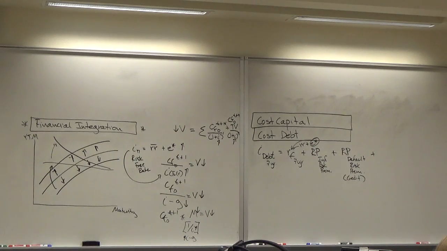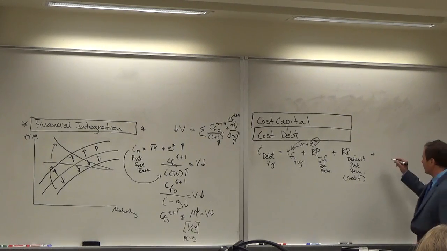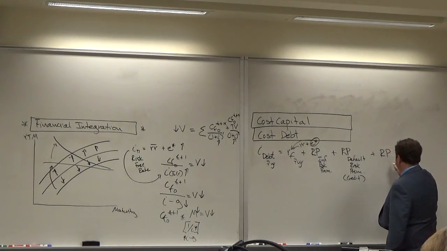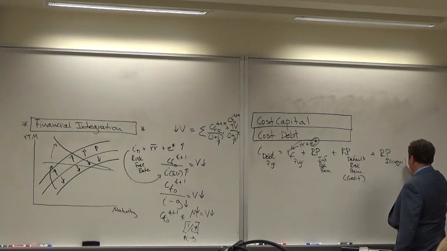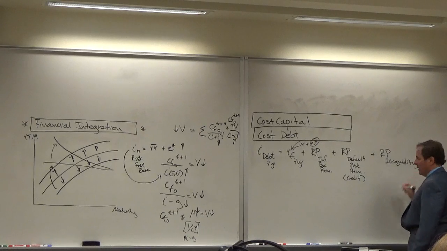I mean, if we go into a severe recession, are people going to buy IBM bonds, or are they going to buy US government-backed securities? Yes. Okay. So do you think there's going to be a liquidity problem? Yep. Illiquidity.